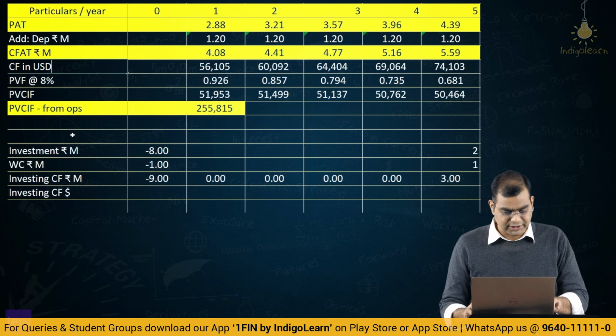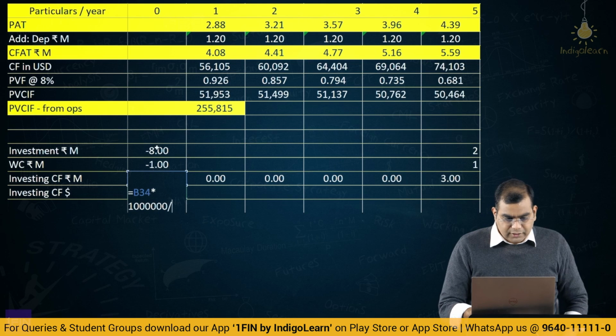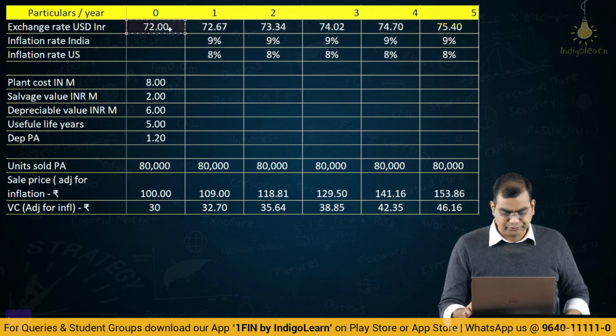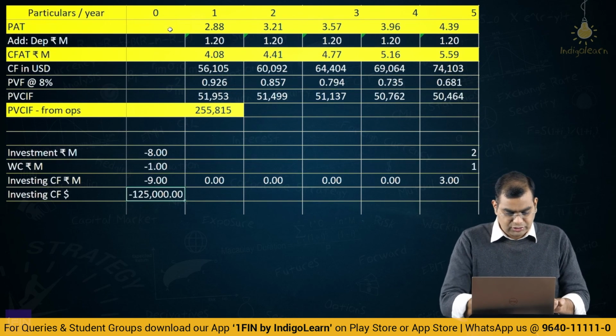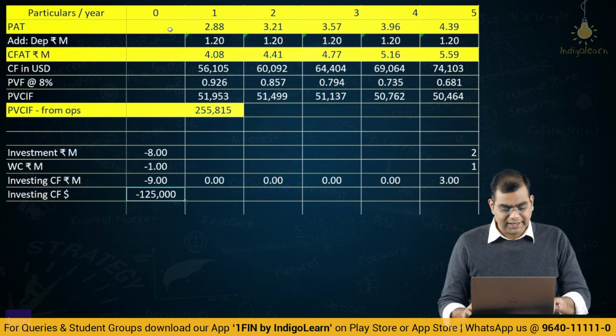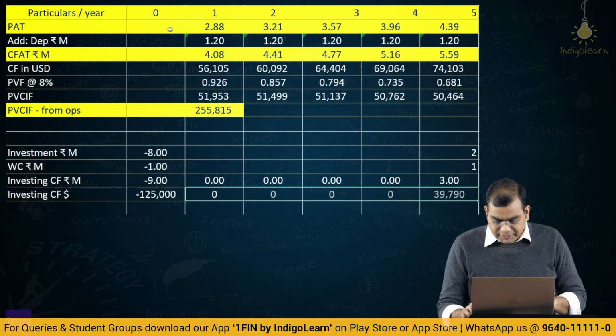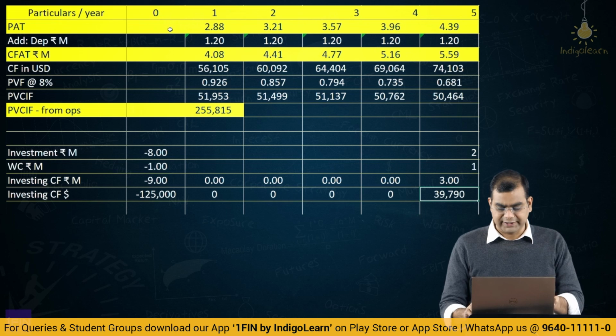In dollars, -9 into 1, divided by whatever the exchange rate is, 72, right? So you will get 1,25,000 as the initial investment. After that, the last recoupment you will have is 39,790, right?